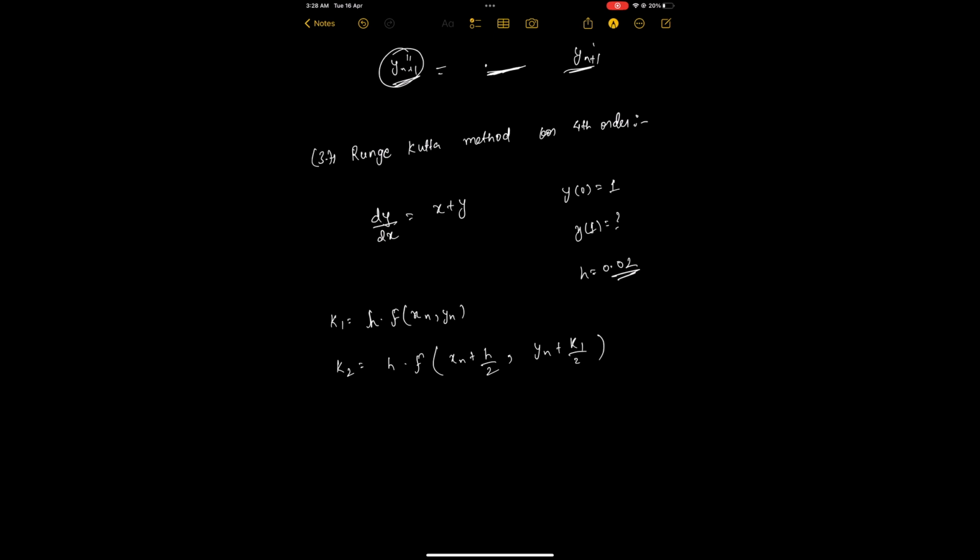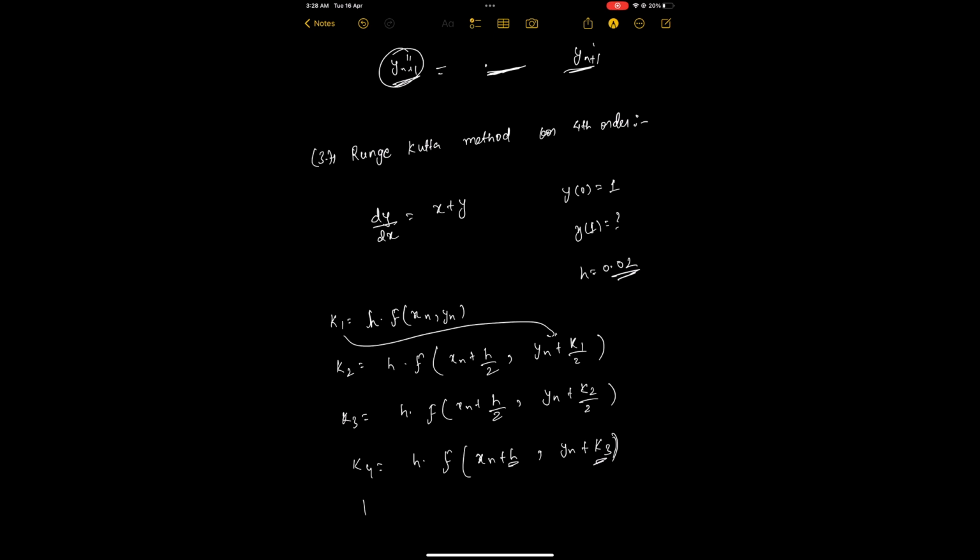This k1 we put here. Similarly, k3 equals h into f of xn plus h over 2 comma yn plus k2 over 2. k4 equals h into f of xn plus h comma yn plus k3. Here we put h and k3.